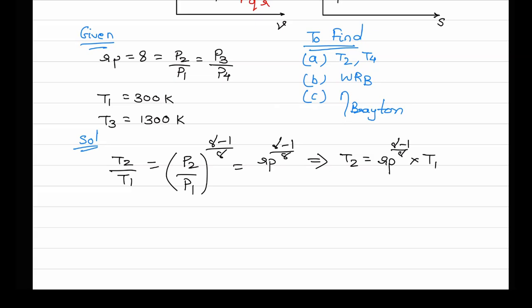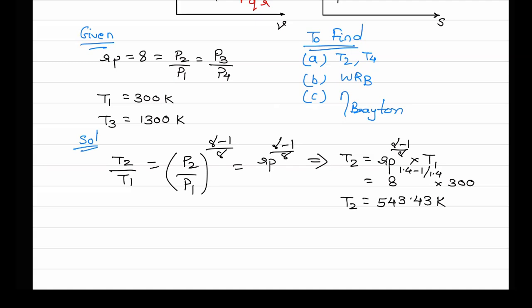Rp value is 8. So 8 raised to (1.4 minus 1) divided by 1.4, into T1 which is 300. So from here I can find T2, and T2 is 543.43 Kelvin.